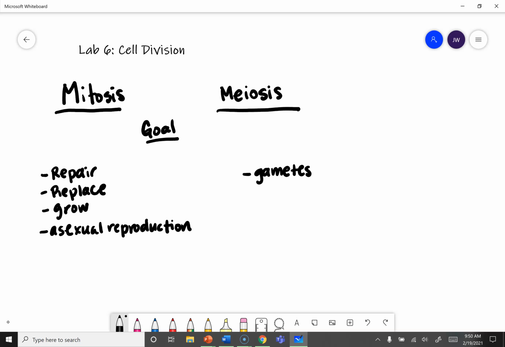Those are the sperm or the egg cells, or whichever the respective cell types are in other organisms for sexual reproduction. So this is reproduction in which you have two organisms contributing genetic material.